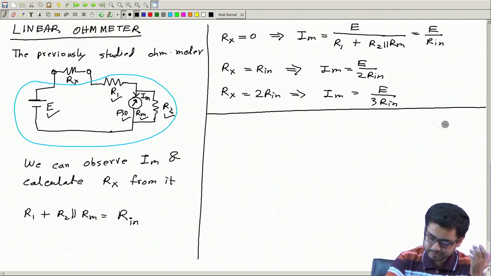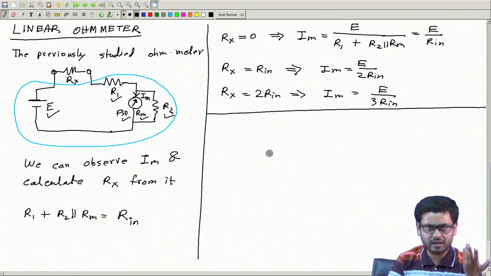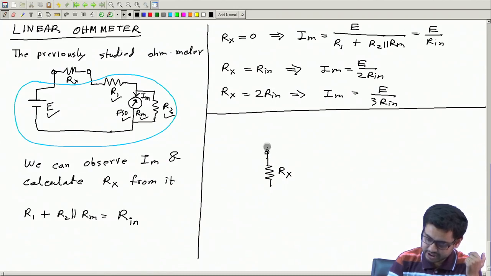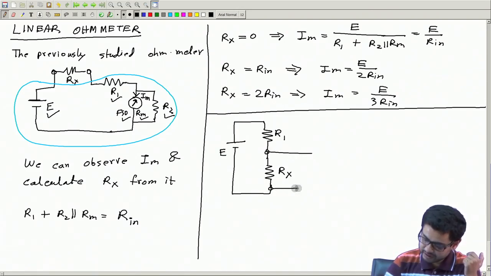One can think of similar circuits; there are a lot of similar ohmmeter circuits. One possible circuit is this, where you take the unknown resistance Rx, and in series with that you can have R1 and a voltage source, call it E, and what you measure is this voltage.